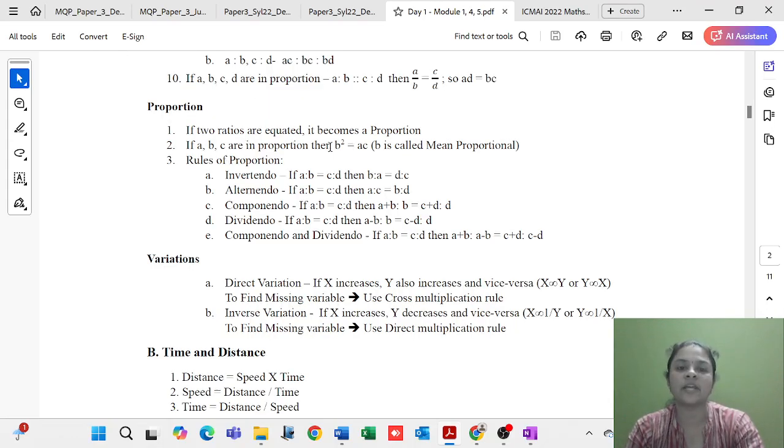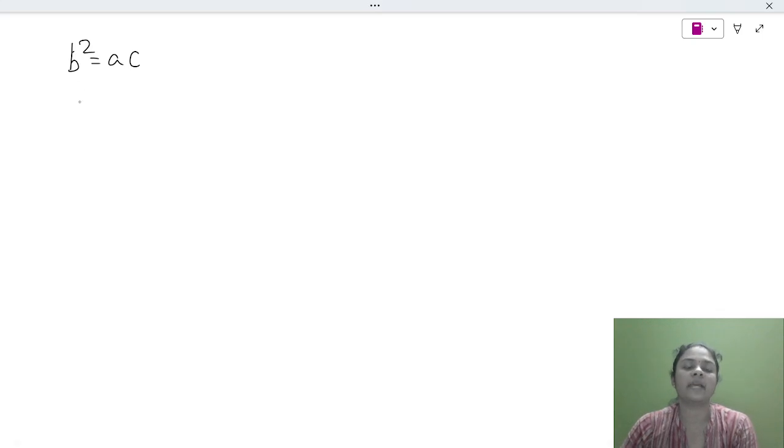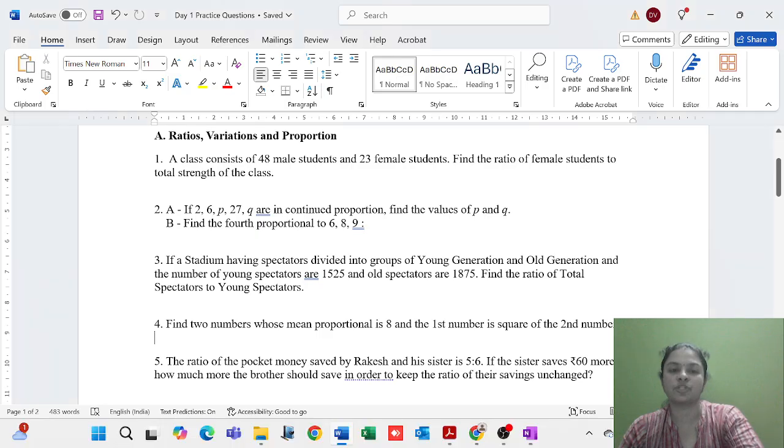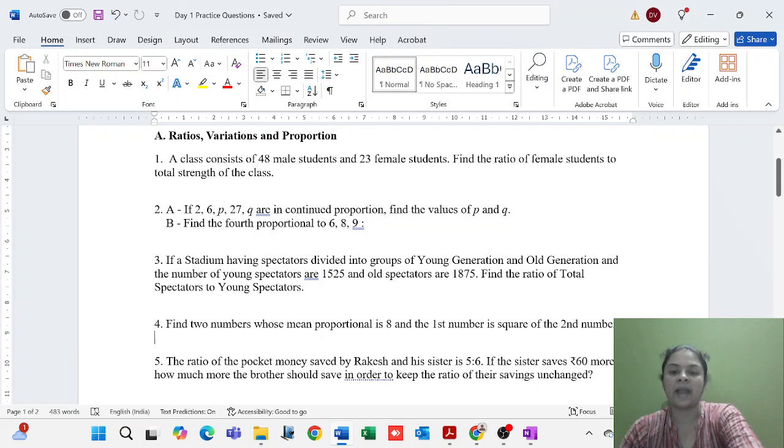If three values are in proportion, B square is equal to AC, where B is called as the mean proportional. So, we are going to use the rule B square is equal to AC. The question says mean proportional is 8. So, B is equal to 8.